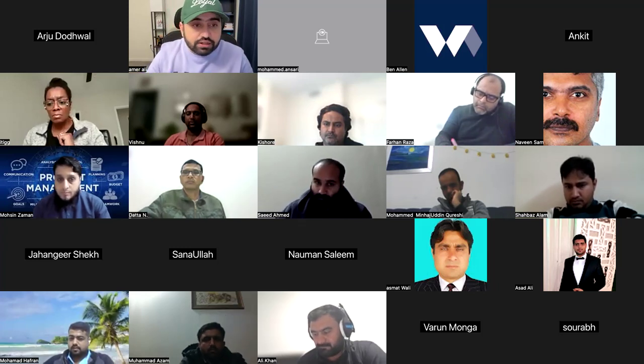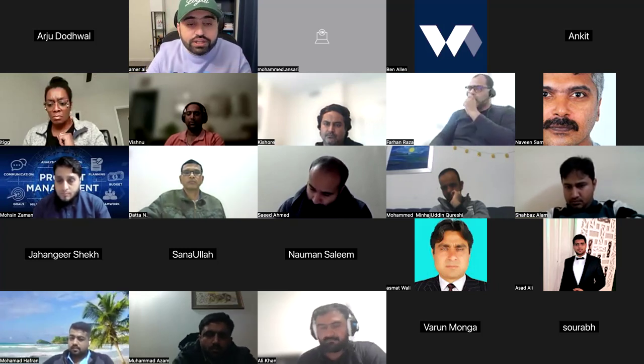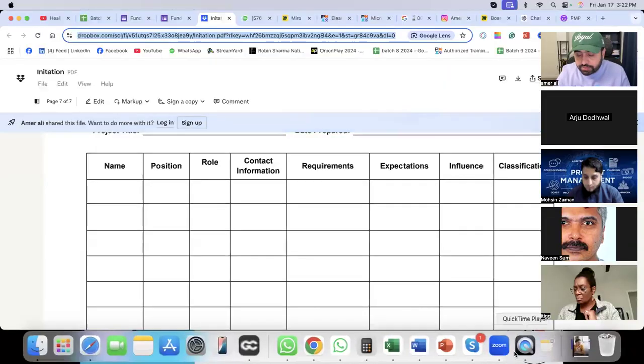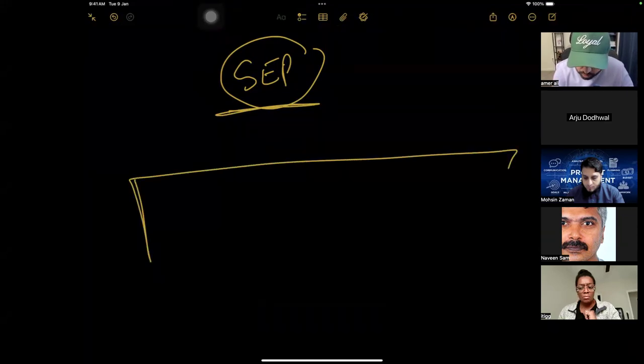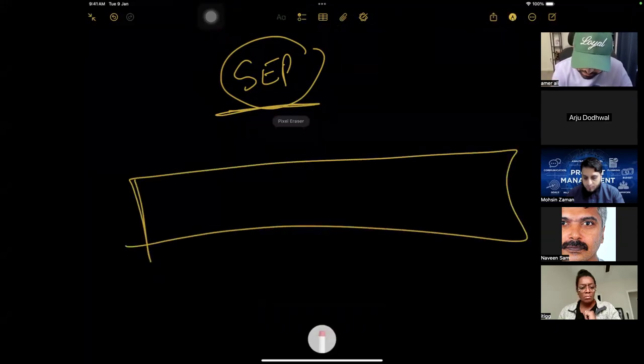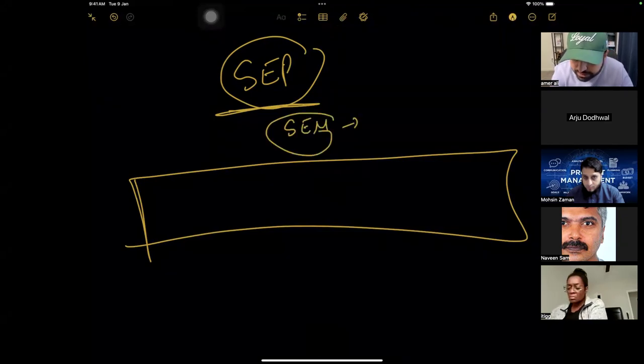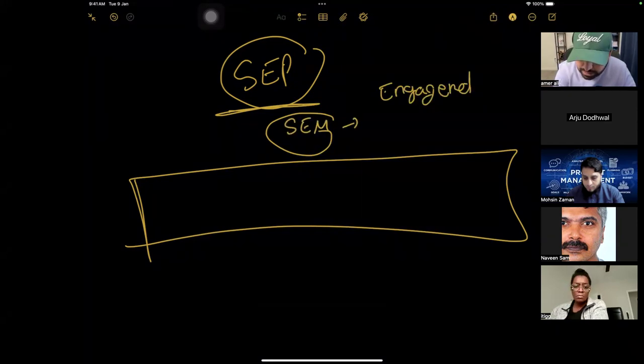Okay. Strategies required to engage the stakeholders. We use a tool that is called, in the plan, the stakeholder engagement matrix. It checks what is the engagement level of the stakeholder.